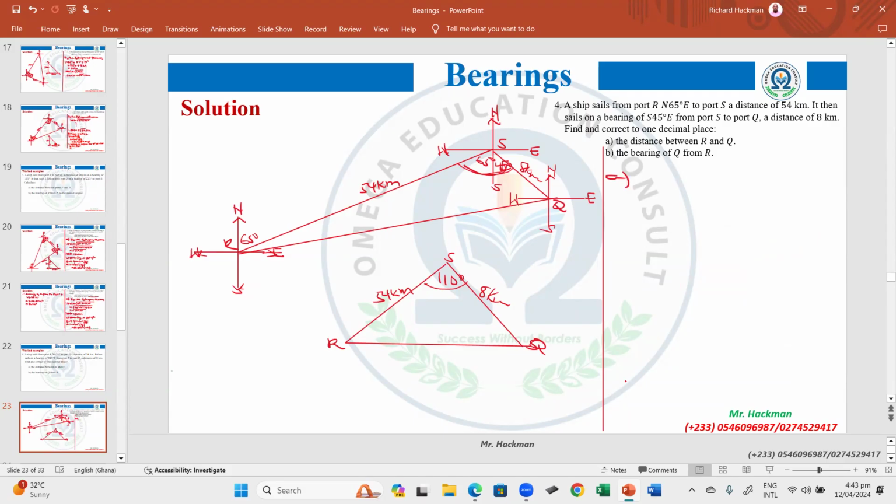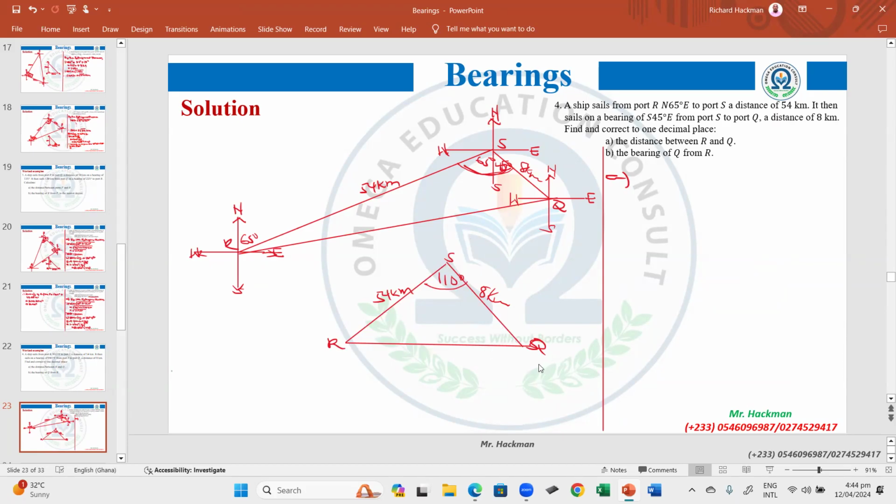So we are looking at this distance. Unfortunately, we are not dealing with a right angle triangle. But anytime you have a non-right angle triangle, and you have two known sides and an included angle, an included angle is the angle between any two known sides. So this side is known, this side is known. You can see that the angle that you know here is the angle between two known sides. This angle here is between one known and one unknown.